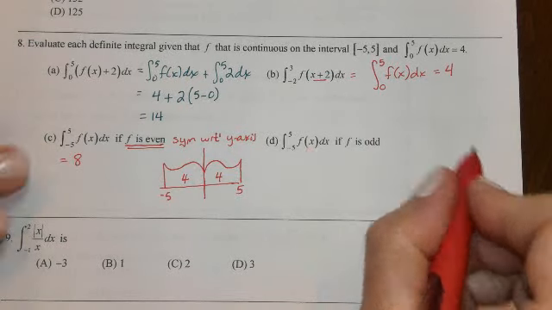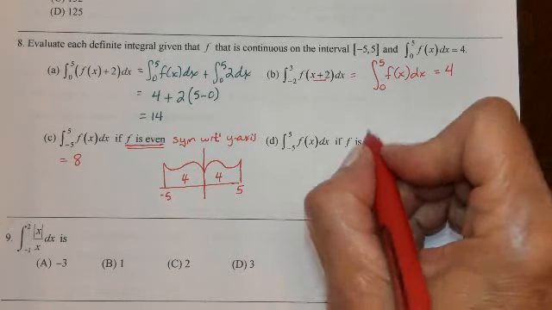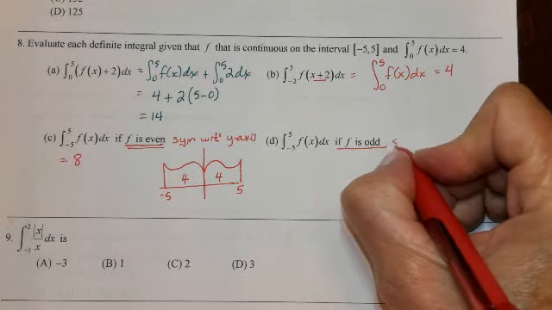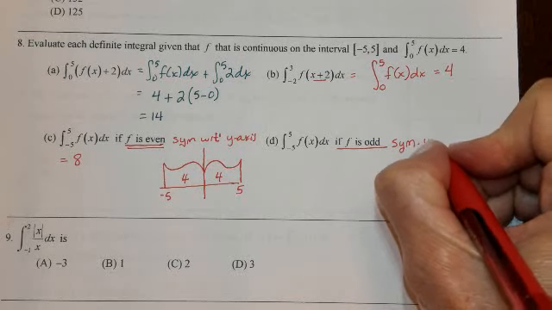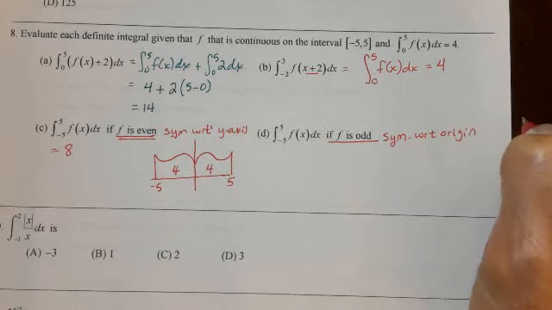Okay? Part D, what if they tell us that that function is odd? Well, a function being odd means that it has symmetry with respect to the origin. Okay?